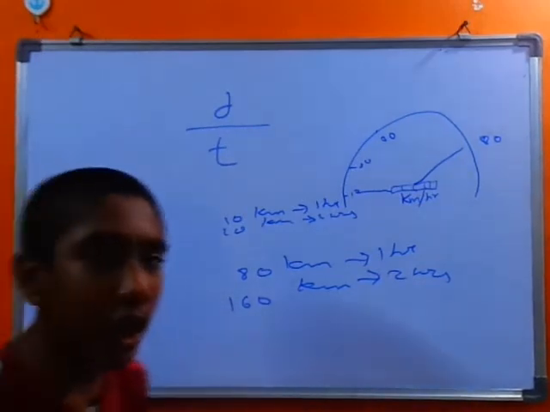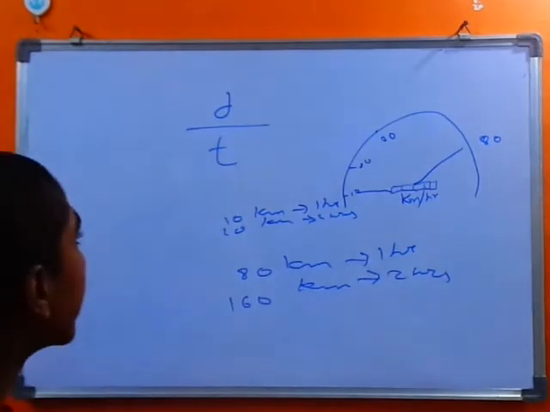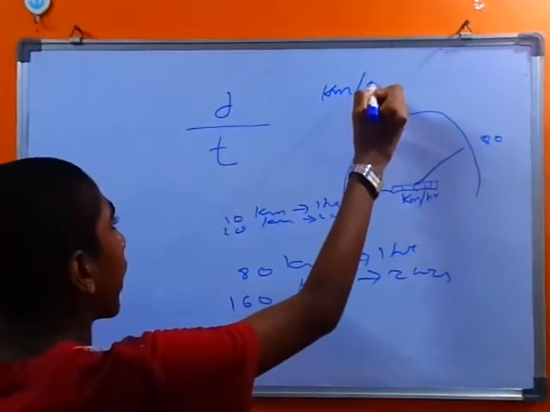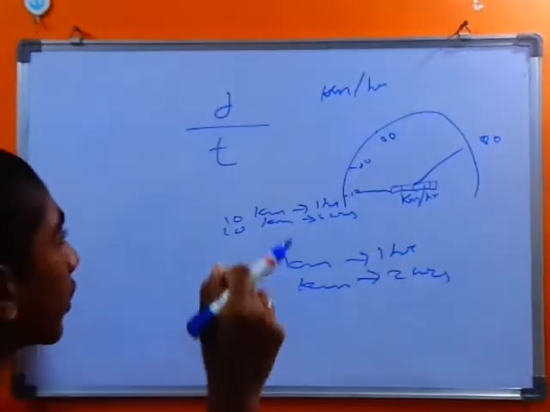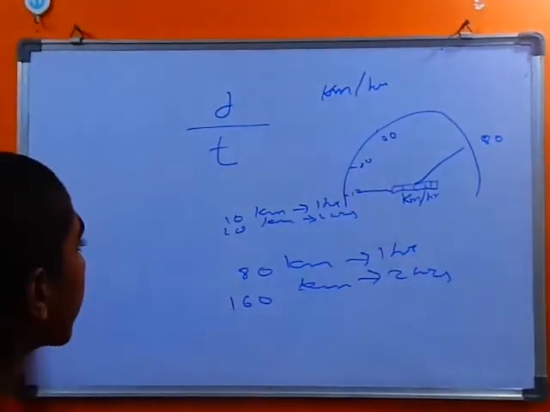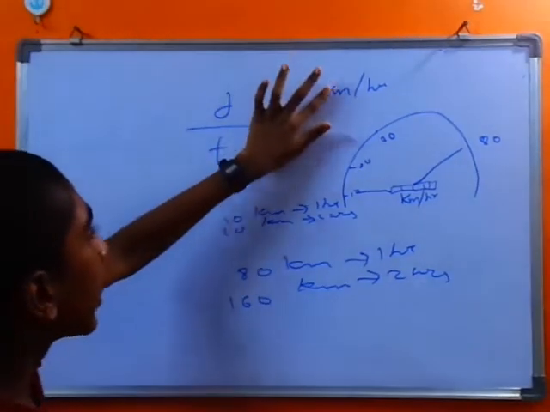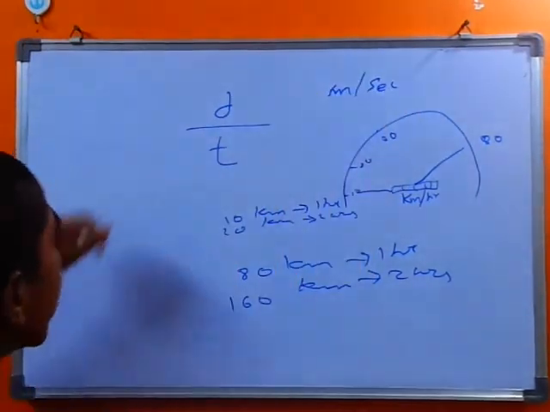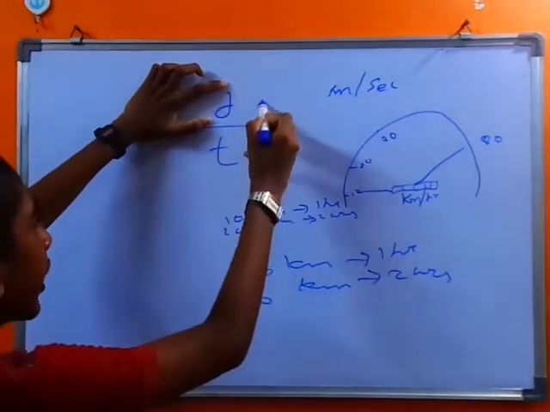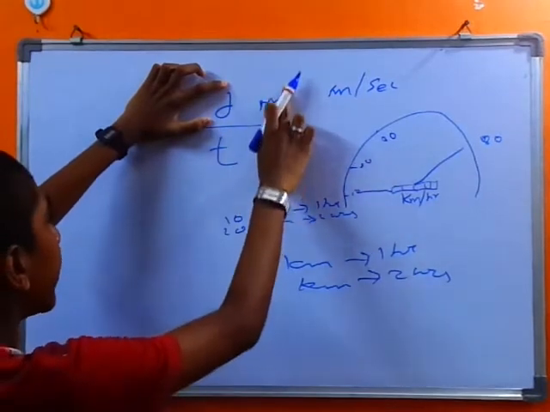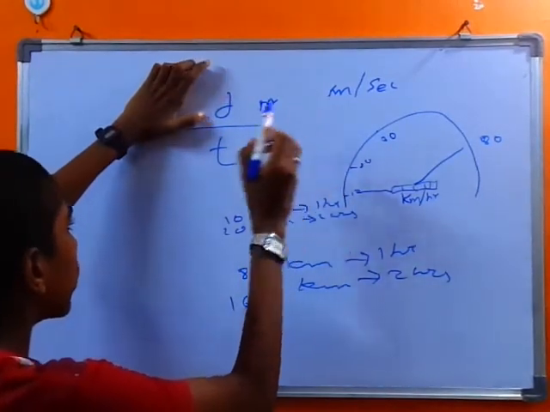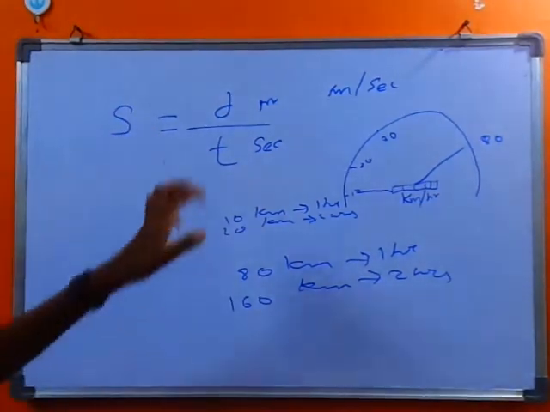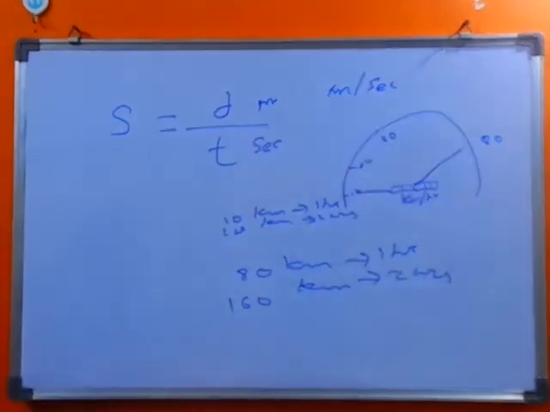The SI unit of speed is, sorry, meter per second. It's meter per second. The SI unit of distance is meters and for time is second. So the SI unit of speed is meter per second.